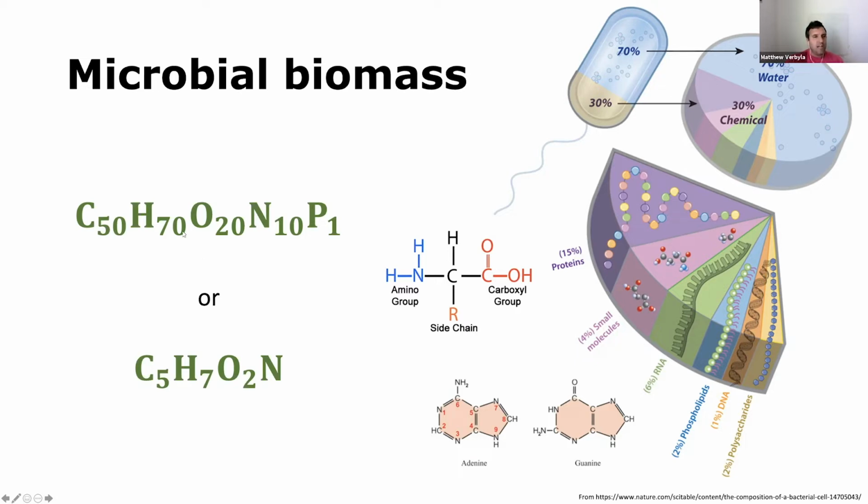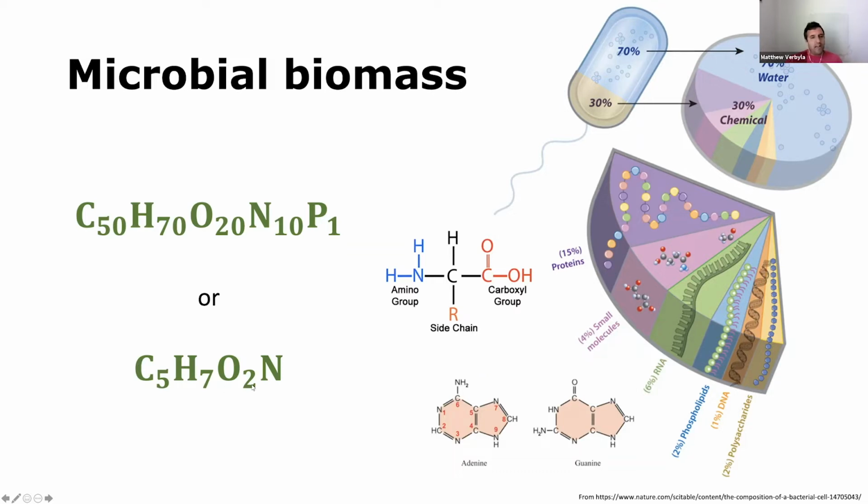So this C50H70O20N10P1 is one way to represent it. If we were to ignore the transformation of phosphorus during these processes, we can simplify this to C5H7O2N. So this is a common compound used to represent microbial biomass in wastewater treatment systems.